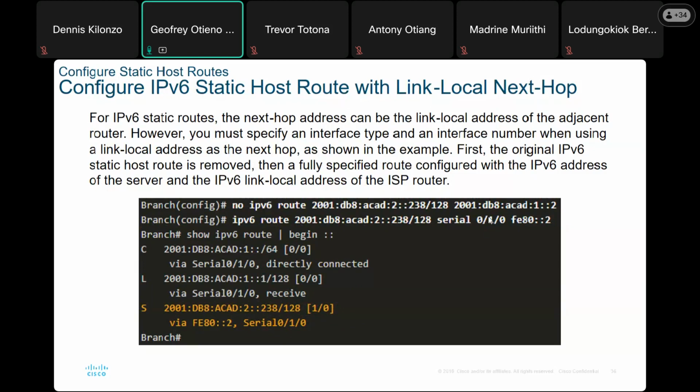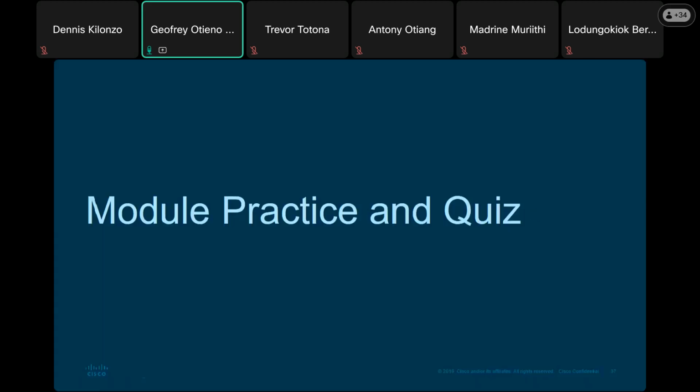So we have the serial interface and the link local address being used, FE80::2. So that's the most important bit that I want you to understand. Okay, so that's that. So let's move now to the practical bit and see what we can do together.